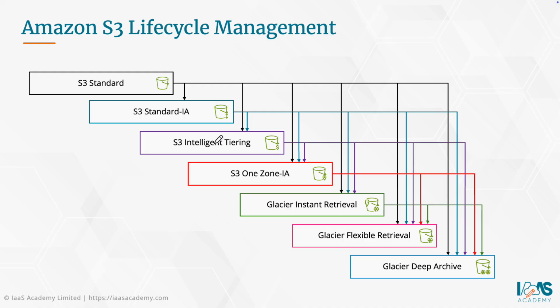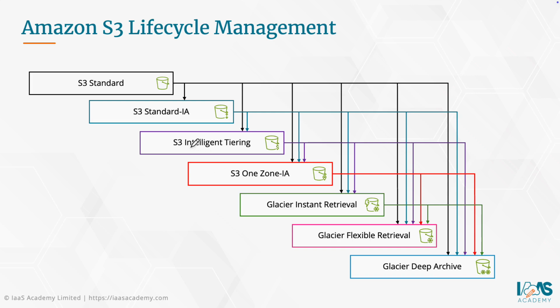Whereas the standard intelligent tiering storage class, you can move into One Zone IA. The archive instant access tier of the intelligent tiering storage class, you can't move into One Zone IA. Okay, so some of these caveats and limitations exist, and you need to make sure you're familiarizing yourself with them so that you know how this works in the real world.